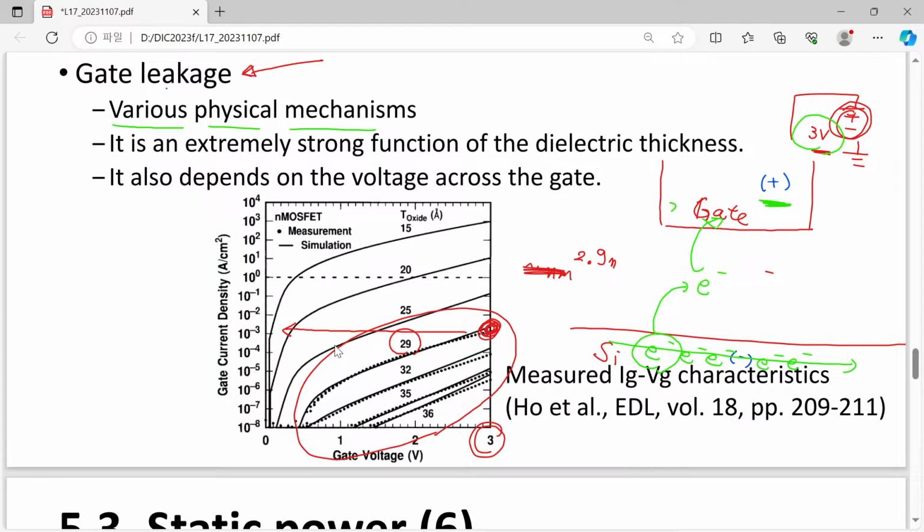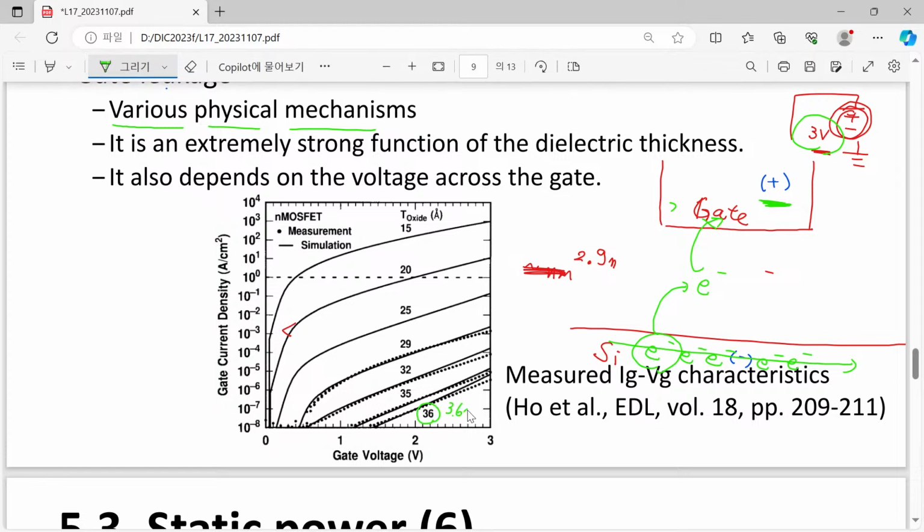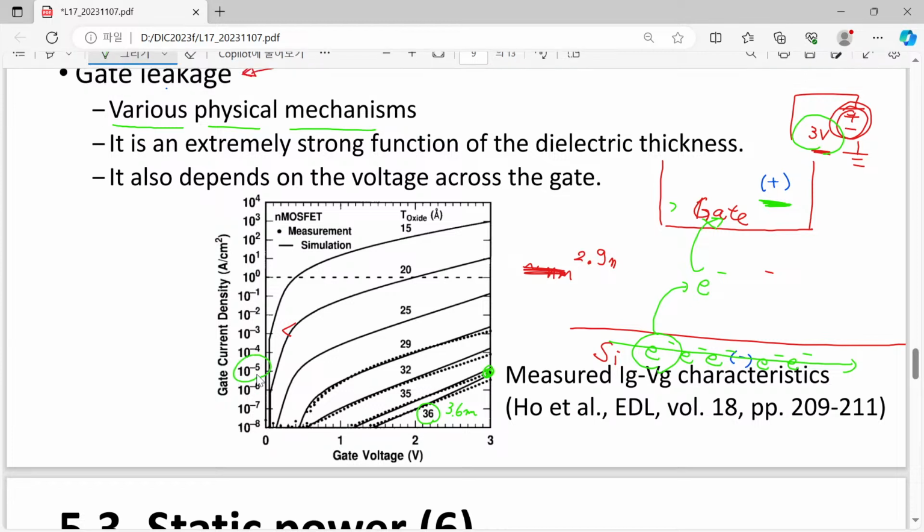So what we can expect is quite obvious. Starting from this 3.6 nanometer thick one, what is the value? You can see that its value is 10 to the minus 5.